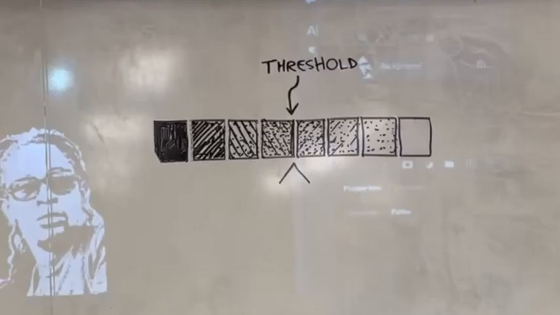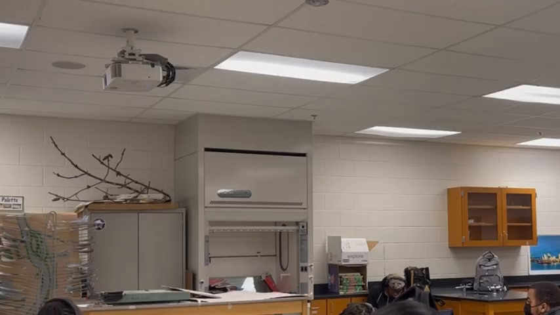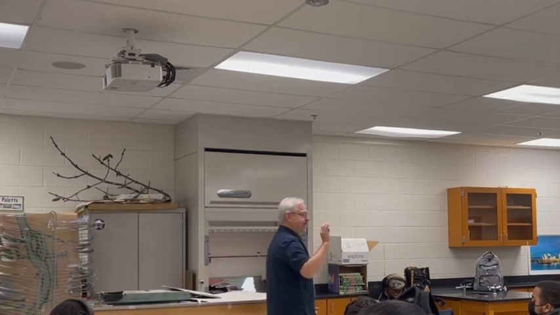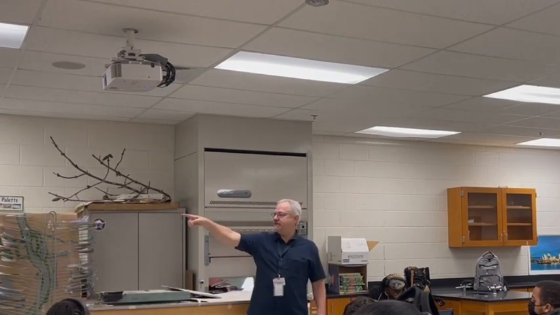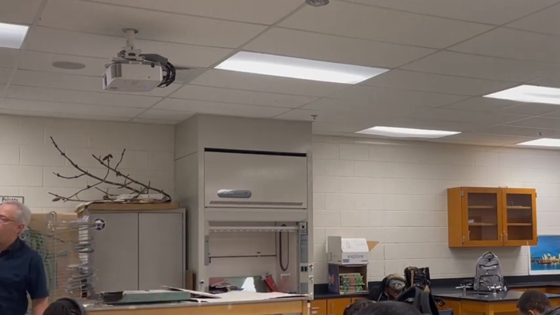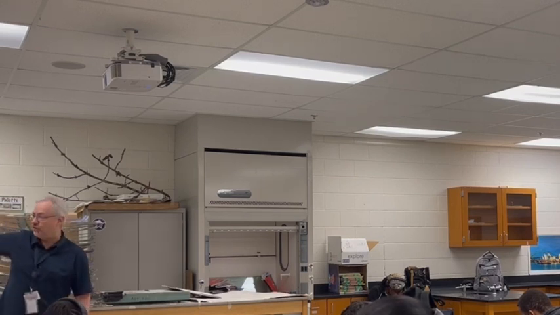And I've drawn a little image up here on the board to understand this. So here's grayscale, black all the way to white. And the computer, when you ask it to create a black and white image out of grayscale, says, okay, let me take a look at this. Let me see what lies to the left, the darker side of the threshold, what lies to the right, the lighter side of the threshold.